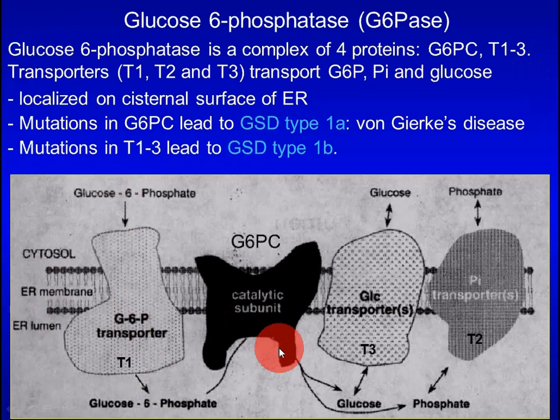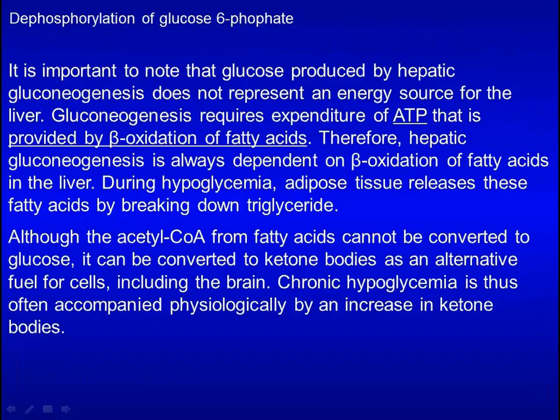Phosphate is transported back to the cytoplasm through T2 and free glucose by T3. Mutation in G6PC, the catalytic subunit, causes von Gierke's disease. Gluconeogenesis requires energy. That energy comes from beta oxidation of fatty acids.